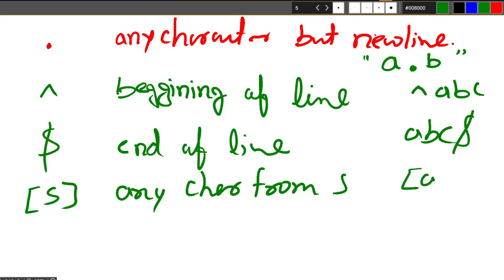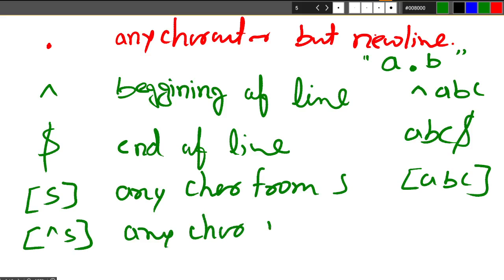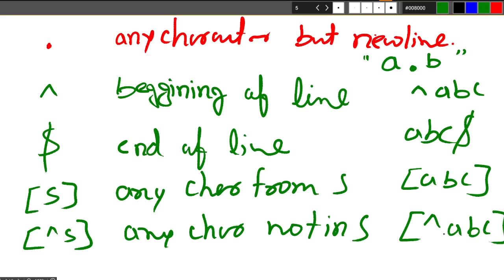Suppose you are writing A, B, C, so it will be treated as A or B or C. If you want to write it as cap S, it will be something like any character not in S. Suppose you are writing cap ABC, then you can have any character but not A, B or C. Okay, in this way you can specify.